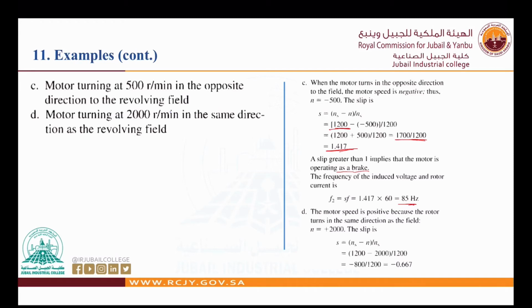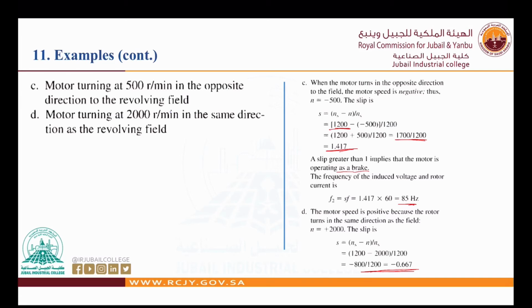Now, D: the motor turning at 2000 revolutions per minute in the same direction as the field. So we will have a minus slip. If we have a slip more than 1, then we have a brake.